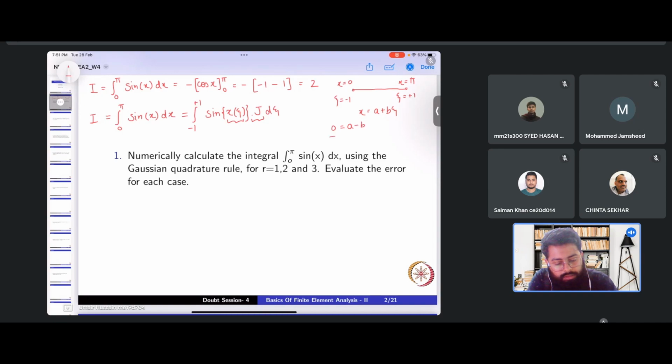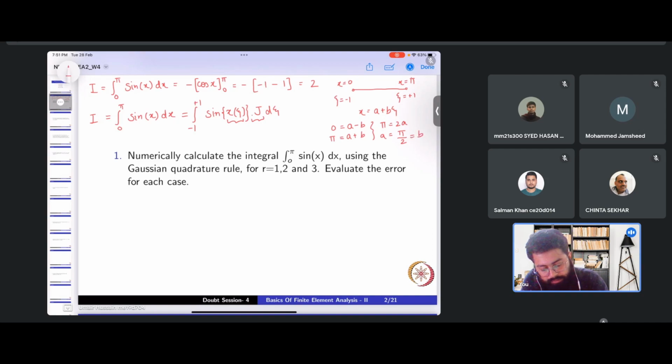At the second node we have pi and zeta is +1. If we add these two equations, we get pi equals 2b, so b equals pi by 2, and a is also equal to pi by 2.